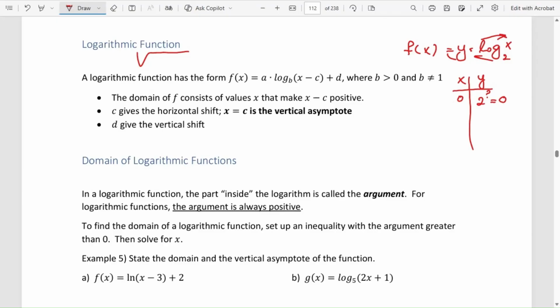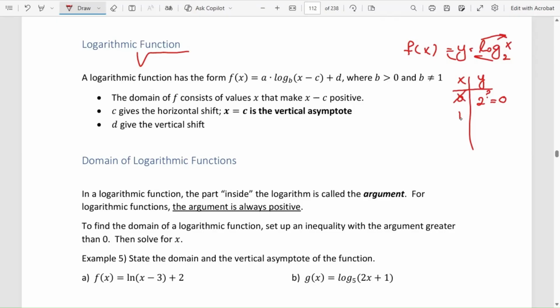Any power of 2 should be a number more than 0, because 2 to the 0 power is 1. Or even if you replace x by a negative number, you will get a fraction. There is no way that you multiply 2 by itself and you get a 0. So it means that x cannot be 0.